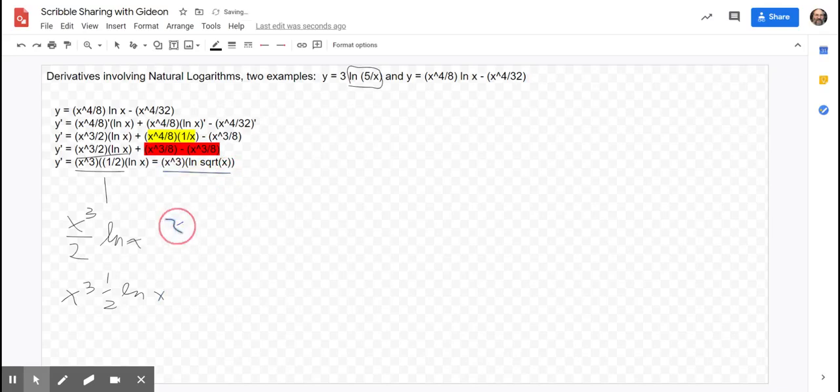Remember, the log rolls down the ladder, so an exponent becomes a multiple. That means you can take a multiple and make it an exponent. So that's where I got x cubed in the front and ln of x to the power 1/2.